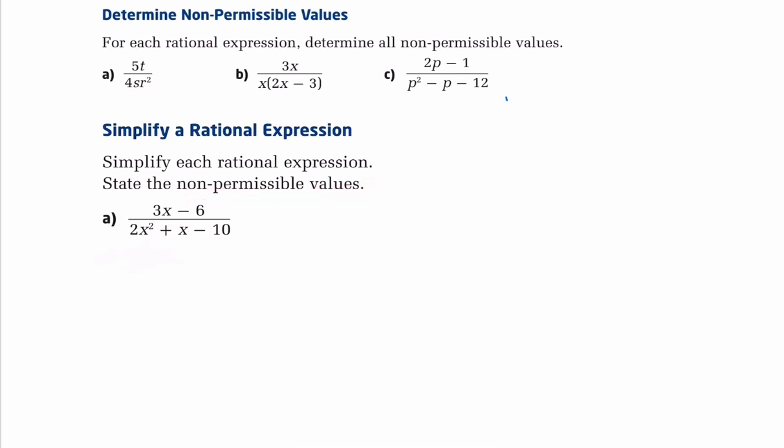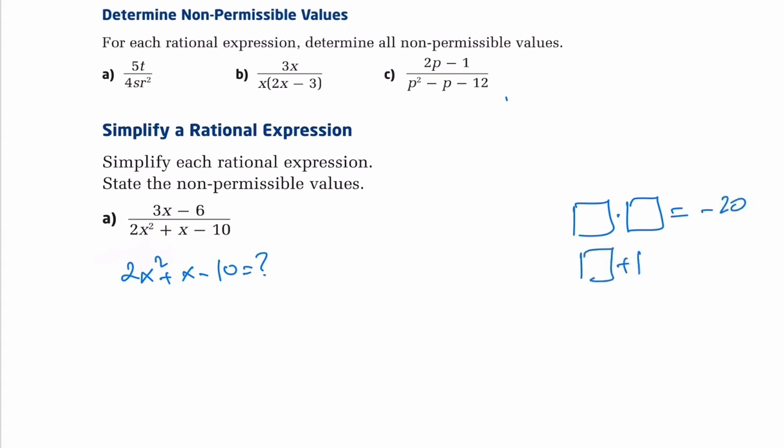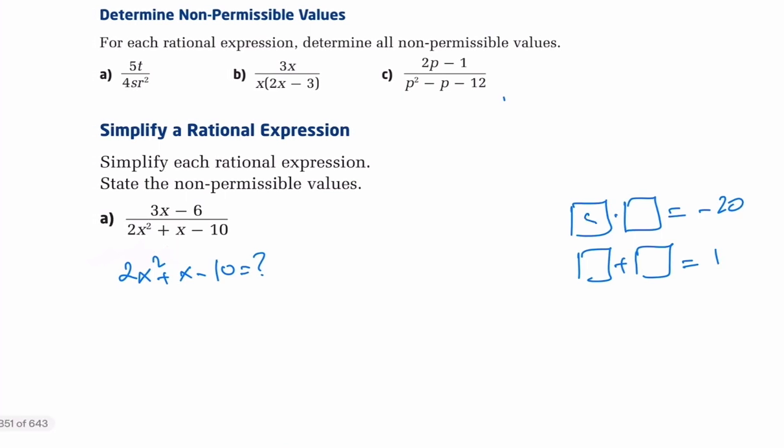Okay, the first thing we have to deal with is the denominator of the quotient. So 2x squared plus x minus 10 is equal to something. So I need to find two numbers that if I multiply them, I will get this one times 2, and if I add them, it will be equal to this one. So this will be minus 20, and if I add them, it will give me 1. So these two numbers can be 5 and minus 4.